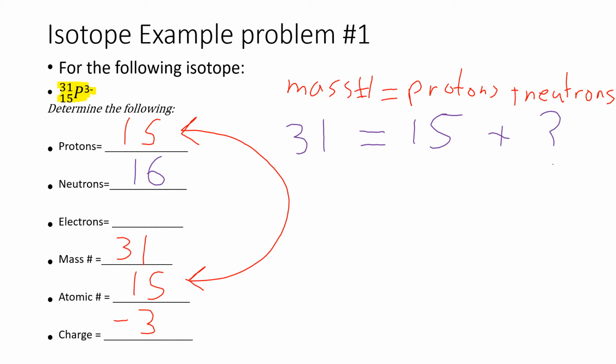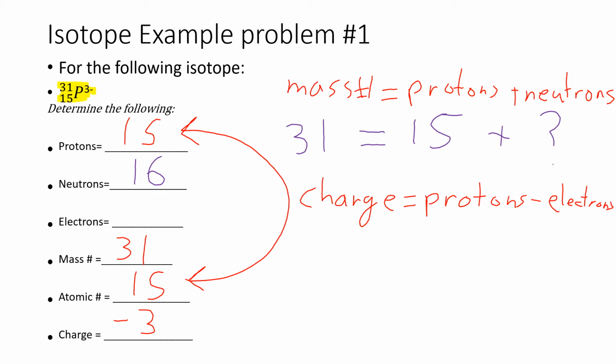Now we're looking at figuring out how many electrons we have. Well, to determine the electrons, we're going to use what we knew about the charge. So we said that the charge, if you would go back a couple slides, you would see that the charge is our number of protons minus the number of electrons. So charge is protons minus electrons.